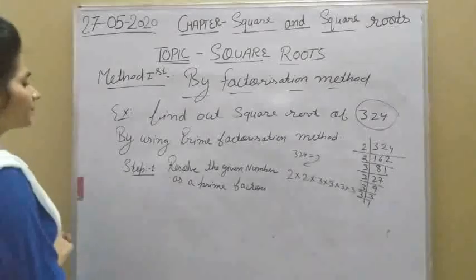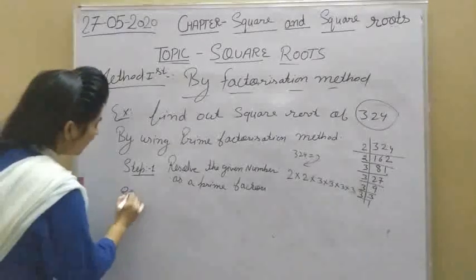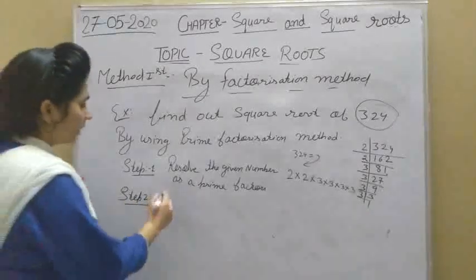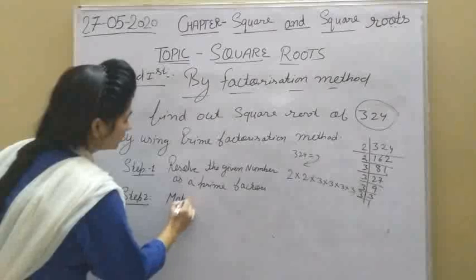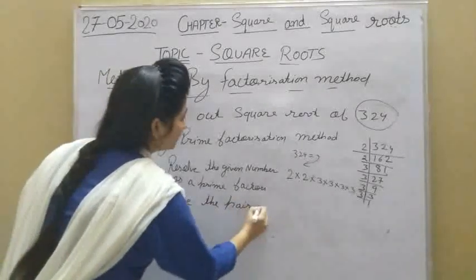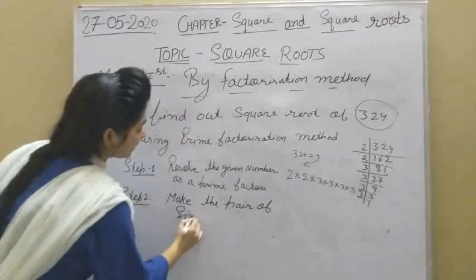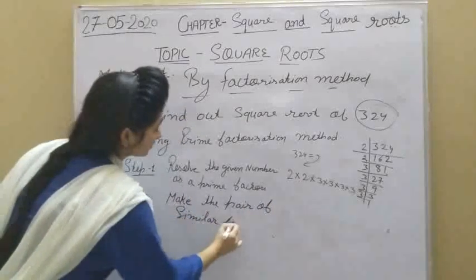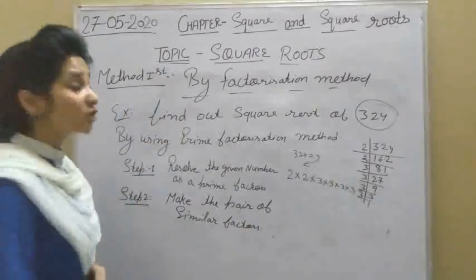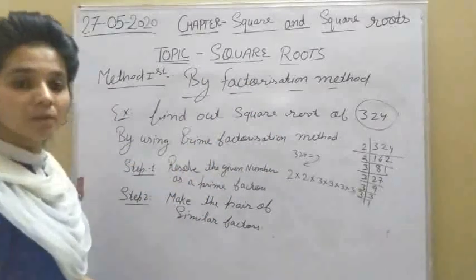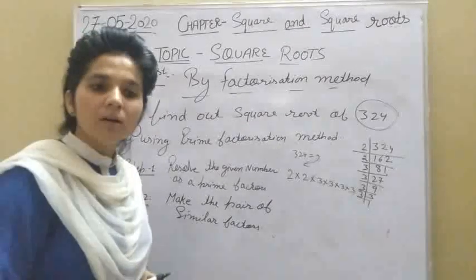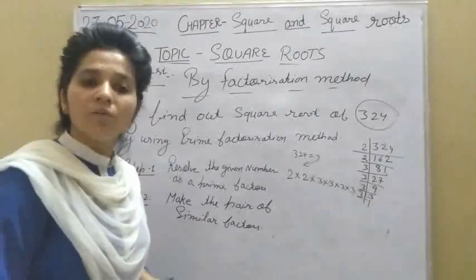After that, our second step will be make the pair of similar factors. According to the definition of the square root, we have to find out one of the number from the two equal factors.